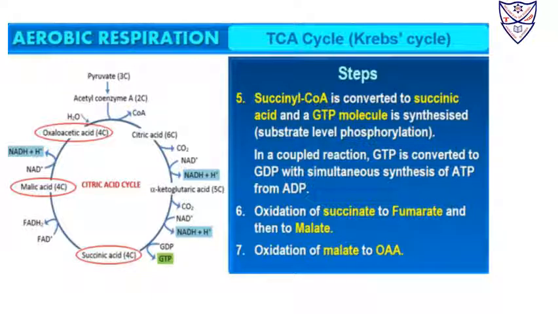Then this succinic acid or succinate is oxidized to fumarate, and then it is converted to malic acid or malate, which is again a 4-carbon compound. Then we'll have oxidation of malate. For oxidation, the NAD will be converted into NADH and H+, and then we'll have oxaloacetic acid.